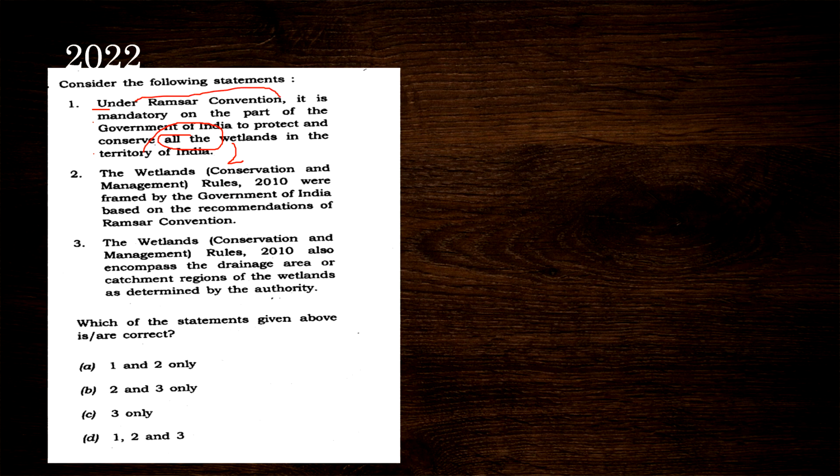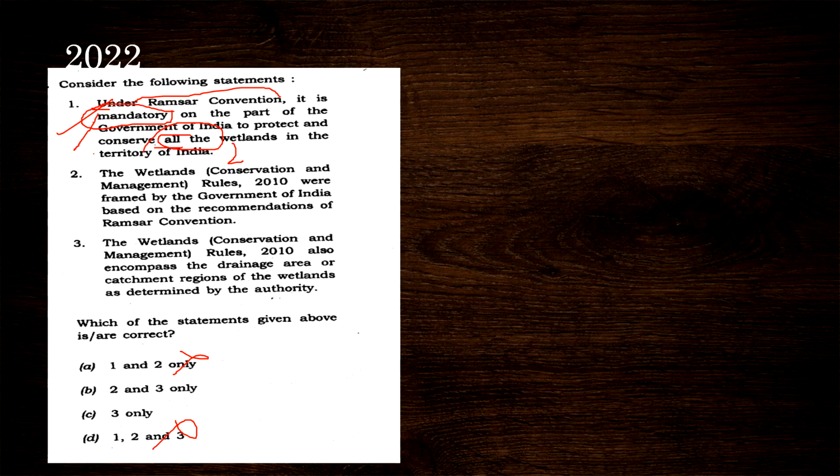So it cannot mandate us to conserve all the wetlands. And wherever it is mandatory, remember that India does not sign those treaties very easily. But it does not mean that India has not signed any mandatory treaty. So option 1 is eliminated.